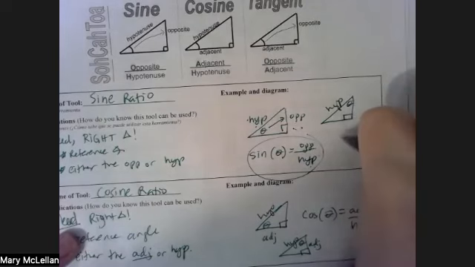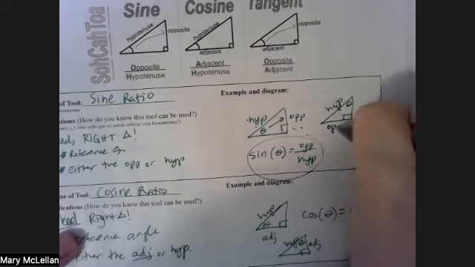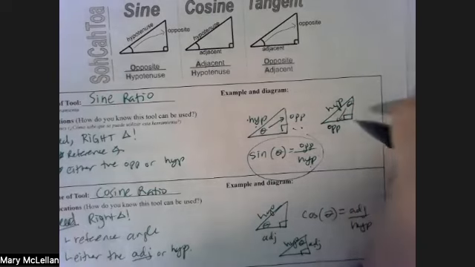If this is where the angle is, then sine is always opposite the angle. So the opposite refers to what's away from the angle. Adjacent refers to what's next to the angle, but not the hypotenuse. The last tool that we actually used so far today has been the Pythagorean theorem.